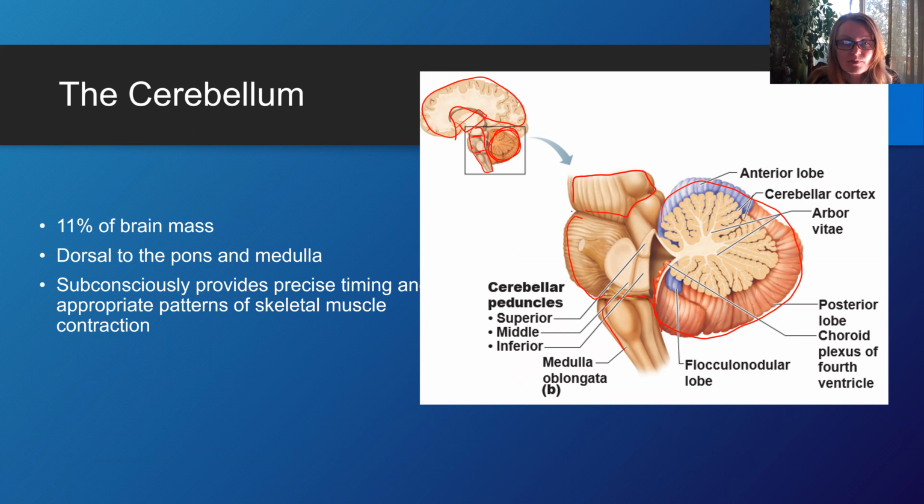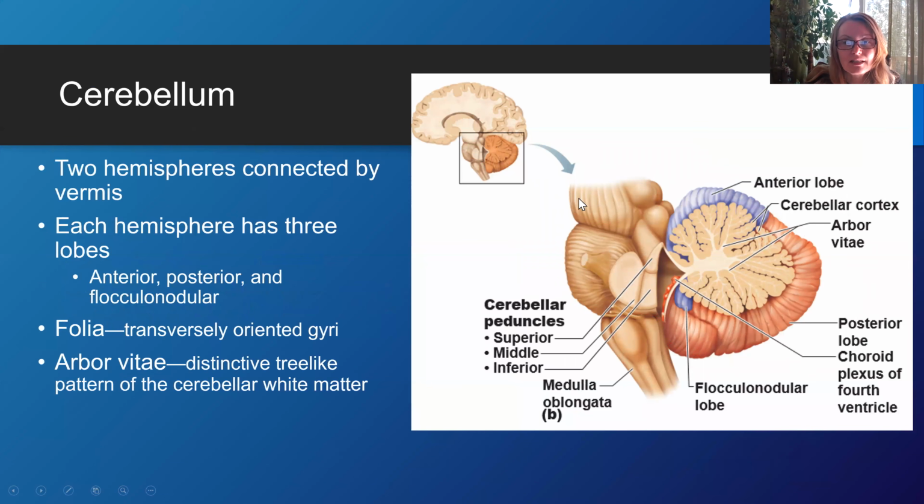It subconsciously provides precise timing and appropriate patterns of skeletal muscle contraction. Now the cerebellum also has two hemispheres, and they are connected by a structure called the vermis.